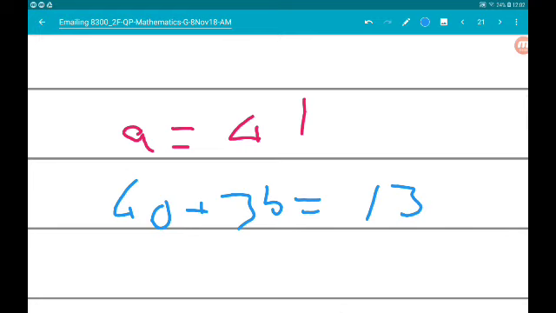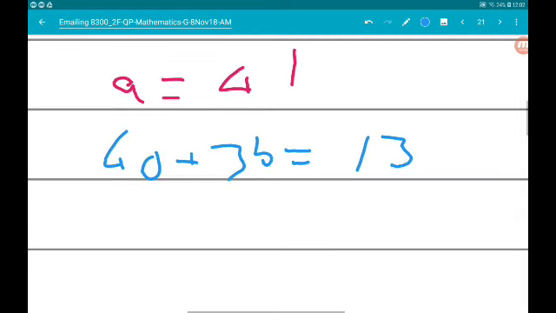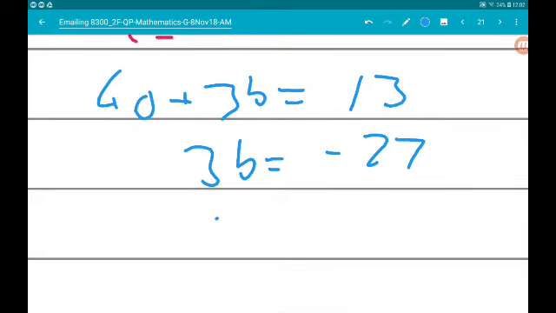They have to be the same thing. So we want to solve this now for b. Take away the 40, so we get 3b is minus 27. Divided by 3, b is minus 9.